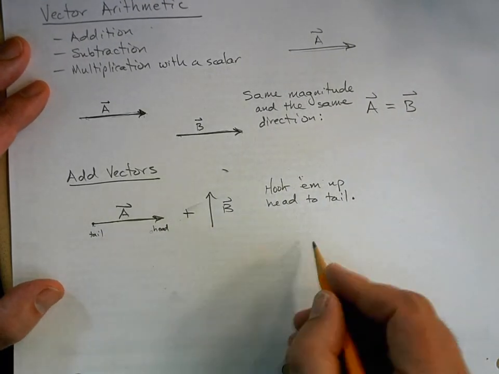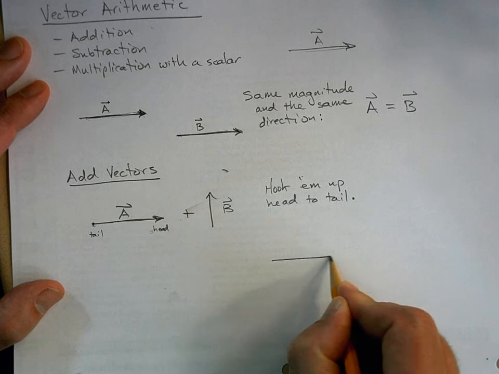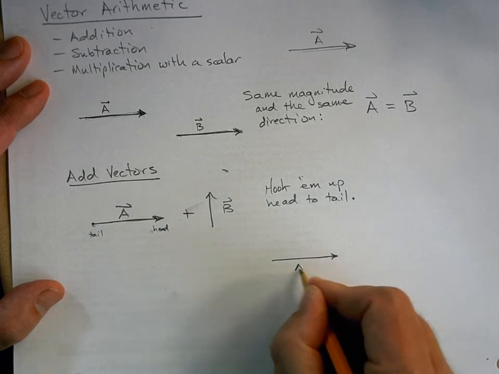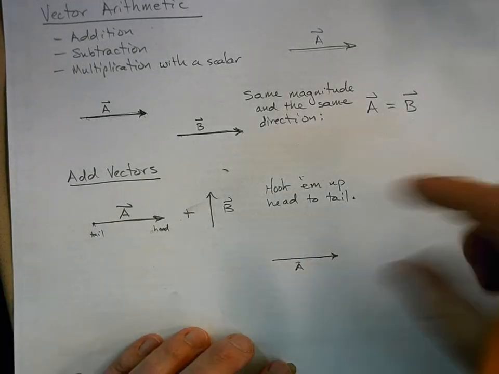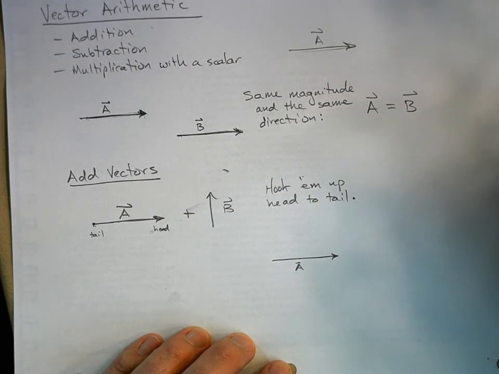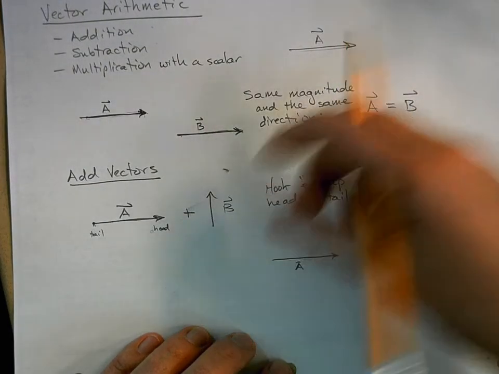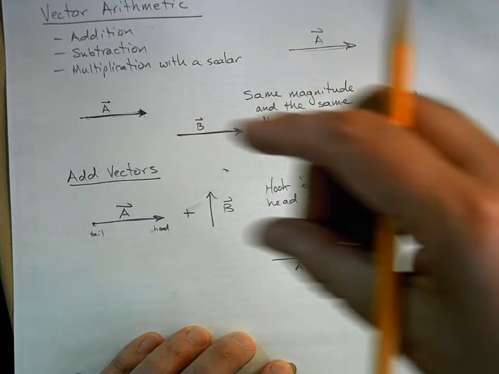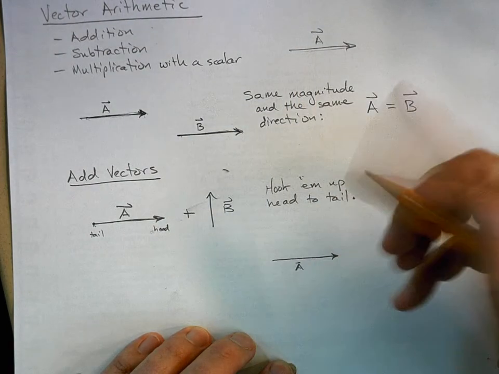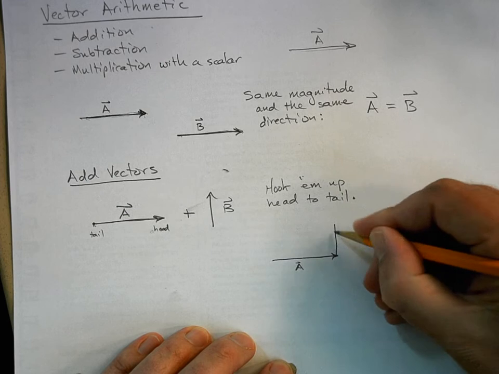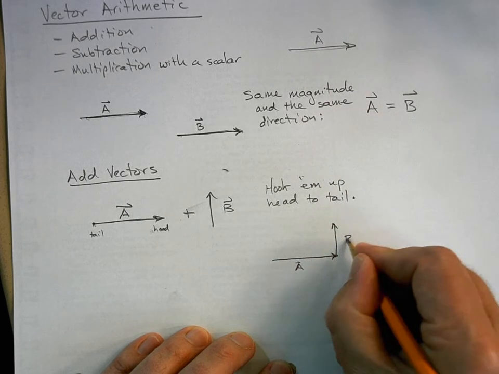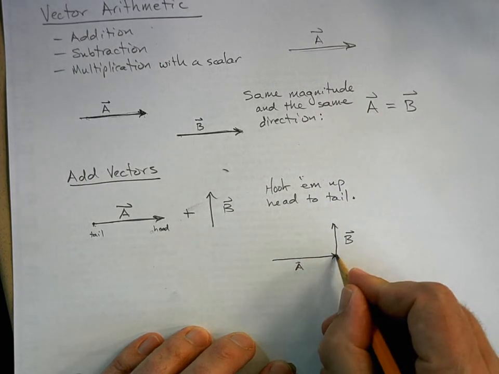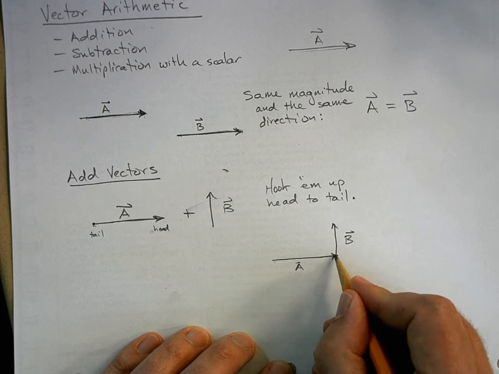I'm going to redraw A. There's A. Now B, I'm going to pick B up in my imagination. I can't really do it with the graphite rubbed on the paper, but in my imagination, I can pick this up and put it down. And there's B. See, I put the tail of B where the head of A is.